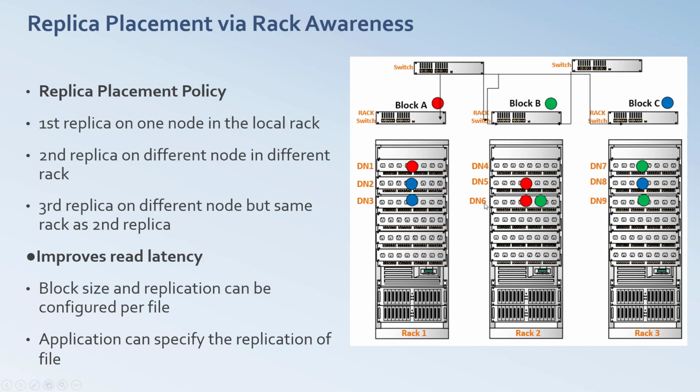When a data node has to transfer data within the rack, so let's say within rack 1 from data node 1 to data node 3, it will be very fast. But if data node 1 has to send the data to data node 4 in rack 2, first the information has to go to the rack switch, and from there it has to go to the main switch, and from the main switch it has to go to the rack switch of rack number 2, and then the actual data node 4.